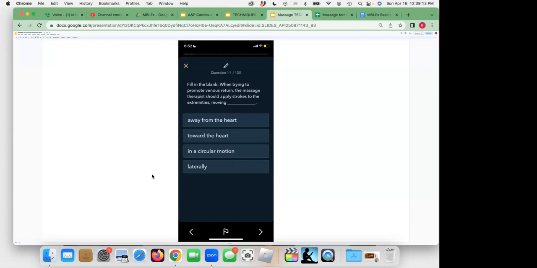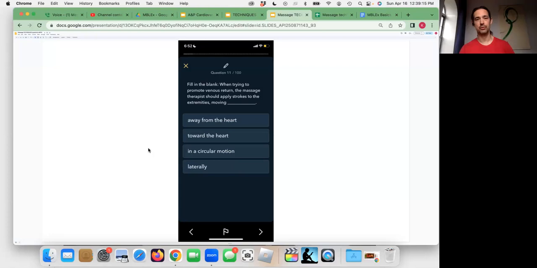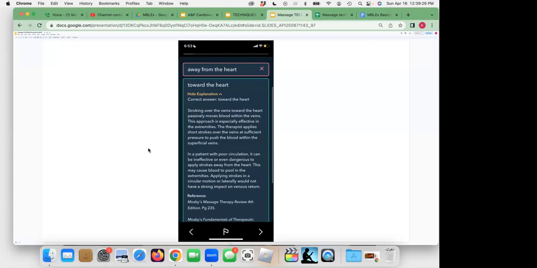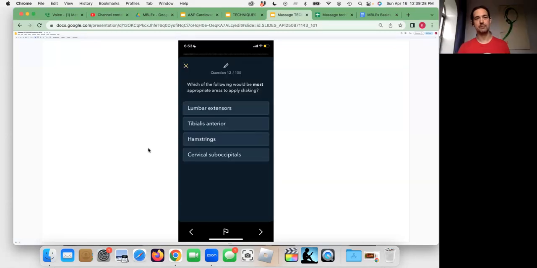To the heart. Toward the heart, correct. And from the limb toward the center of the body, is that centripetal or centrifugal? Centripetal, yes.